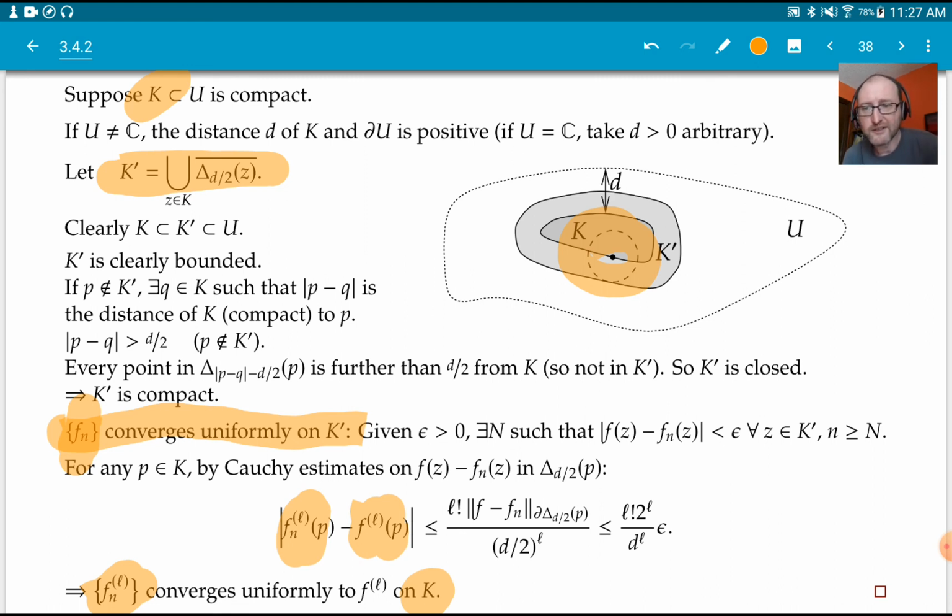So we get uniform convergence of the derivatives on K in terms of uniform convergence of the values of the function on K prime, the slightly bigger set. So this is a very useful argument. It comes up actually quite often, so it's good to understand it.